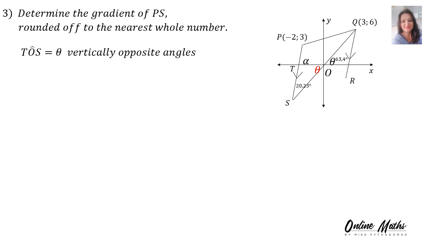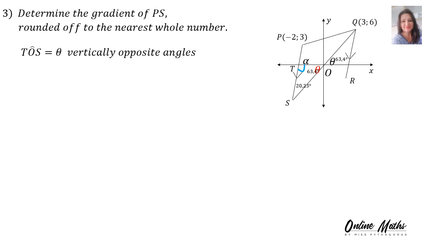Now, since we know the size of TOS, it's theta, we can go to angle STO. You will see I made it blue for you there. You've got O's size, which is theta, and you've got S's size.